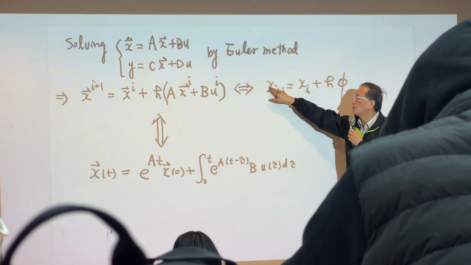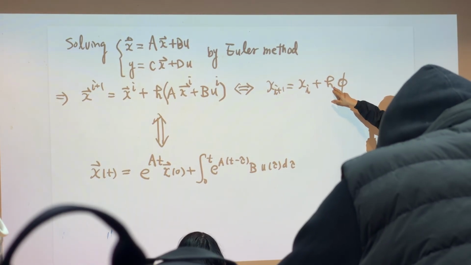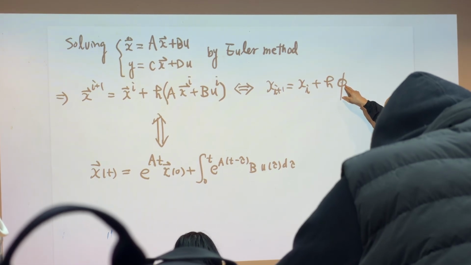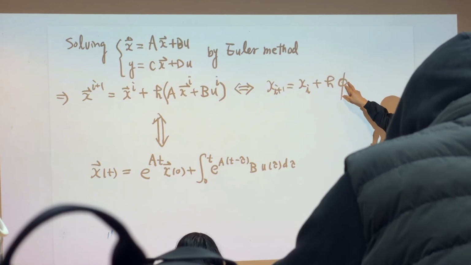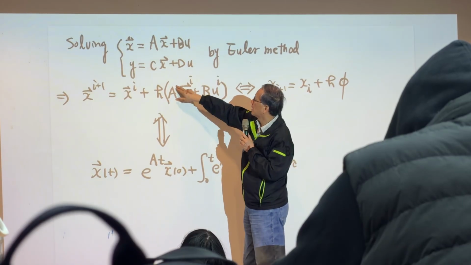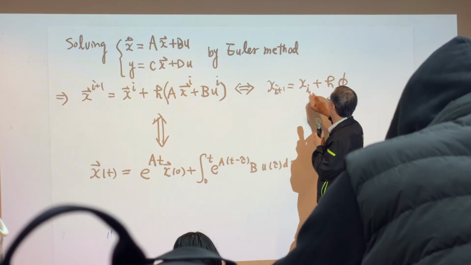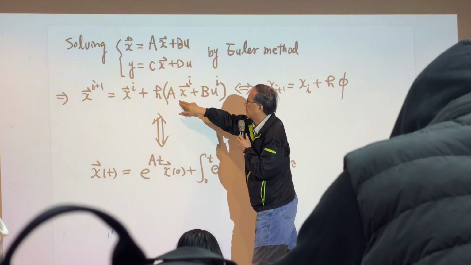This is the Euler method. h is the step, and phi is the slope or the tangent function, remember? So same thing here. We put this on the right-hand side because ax plus bu is phi, and then h times this phi.